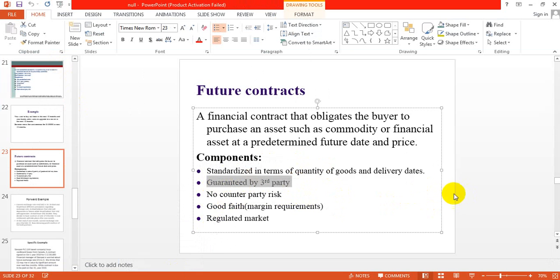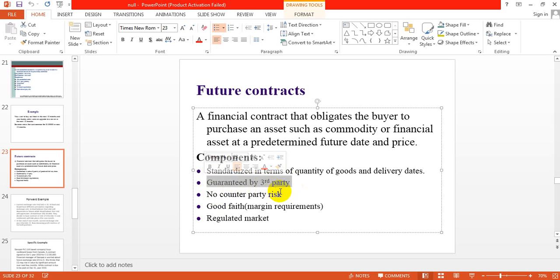Basically, the weak points of the forward contract are removed and the future contract is made. So when there is a third party, there will be no counterparty risk. The chance of default will be less. Good faith, that there are margin requirements. Both parties will deposit a margin, a specified amount, with this third party.